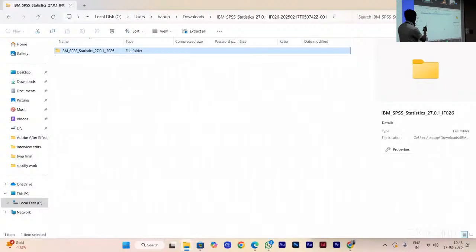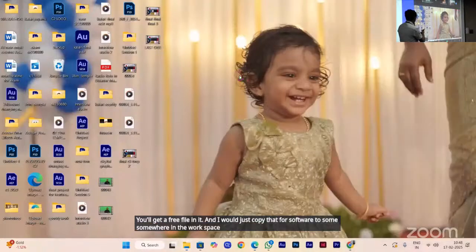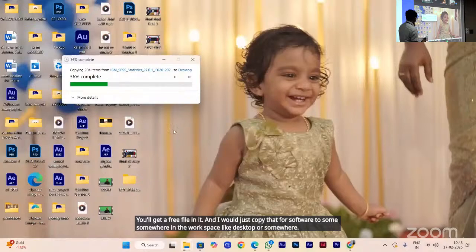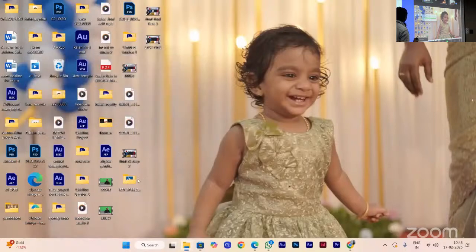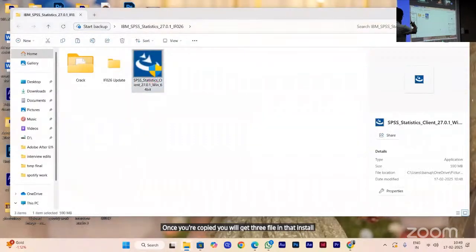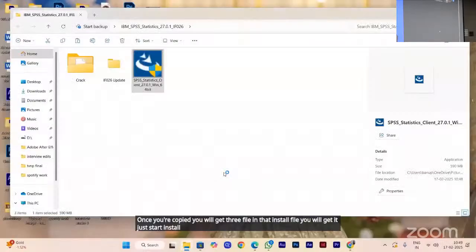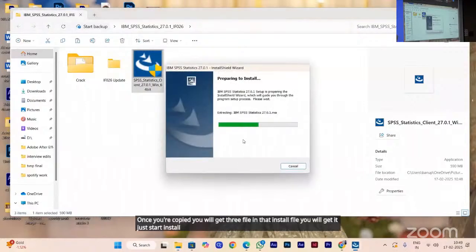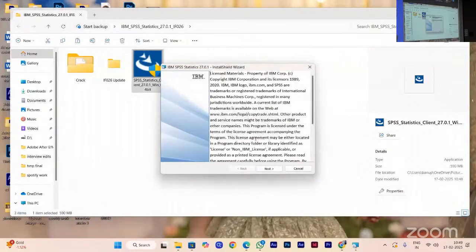Copy that software to somewhere in your space, like the desktop. Once you copy it, you will get 3 files in that installation folder. Just start the install.